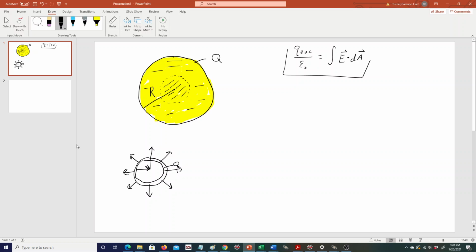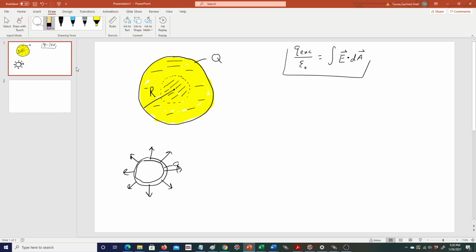But remember that electric field lines can't cross. So each of these field lines would be bending away from each other, but they can't really bend away from each other without crossing their neighbor. And so the result is that there's just simply no net electric field inside due to this shell. Okay? All of the electric field is exterior.